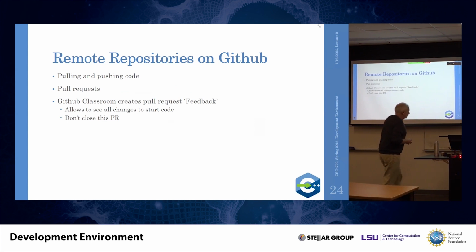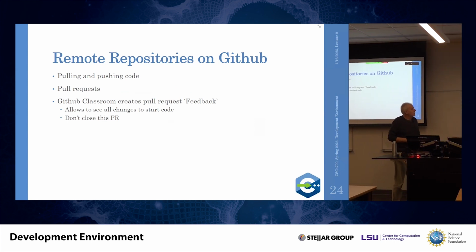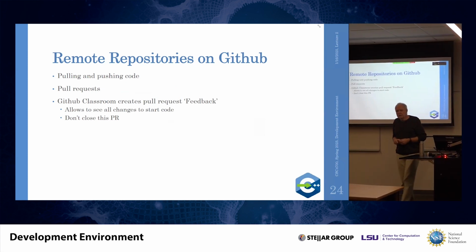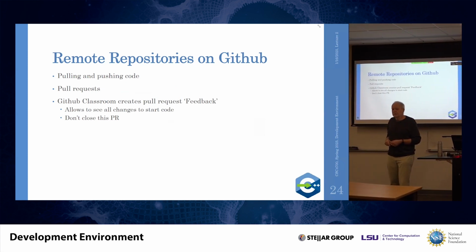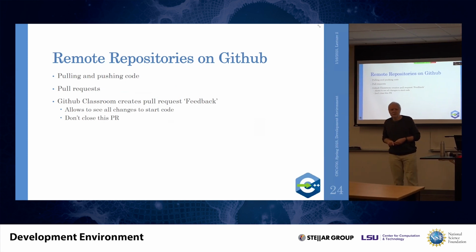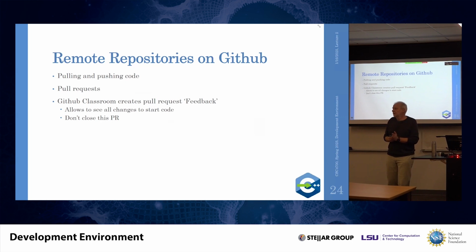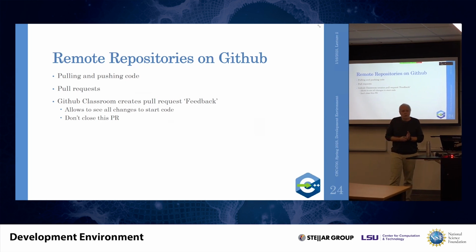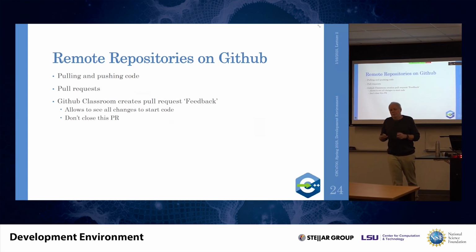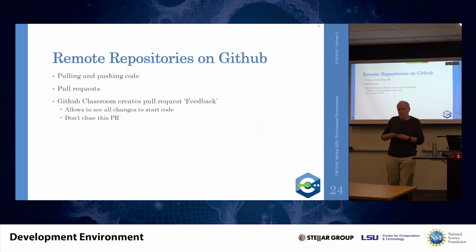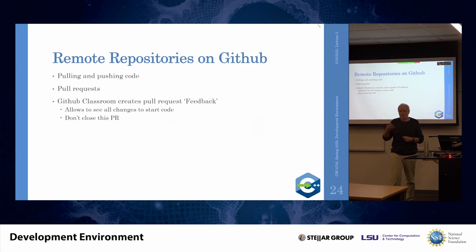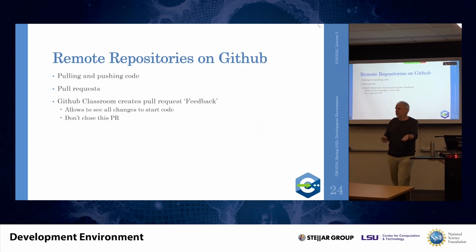Okay, one last note about that. GitHub has introduced another term which is not part of the terminology of the original Git. It's called pull request. A pull request on GitHub is when you do work and you create some changes and you would like for those changes to be merged into master.